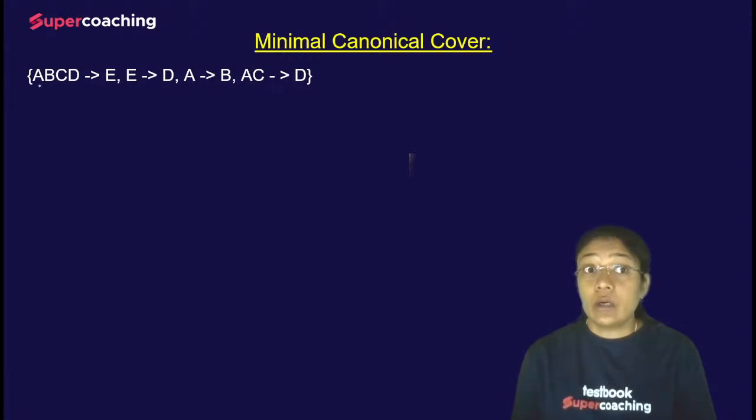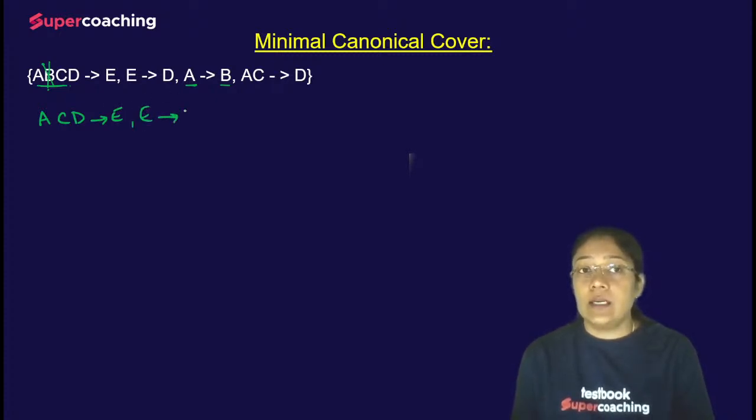Okay, so here not many attributes are there. That means there is a possibility of having the extraneous attribute. A determines B. यहाँ पे single attributes हैं so there is no possibility of having the extraneous attribute. A determines B, so B is the extraneous attribute. So we'll get A, C, D determines E, बाकी की सारी dependencies as it is है.